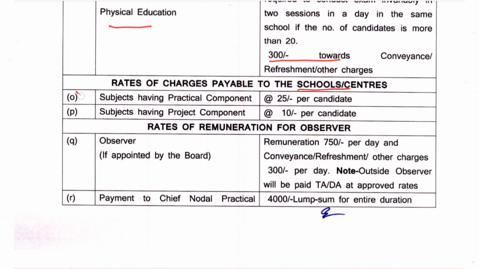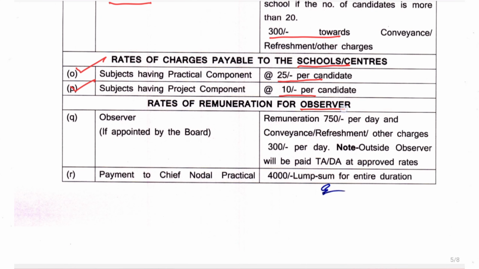Next, rate for school. For a school, for subjects having a practical component, your school will receive 25 rupees per candidate, and for projects, the school will receive 10 rupees per candidate. For observer, you are going to get 750 per day. Other than that, you are also going to get 300 rupees as refreshment or conveyance charge.